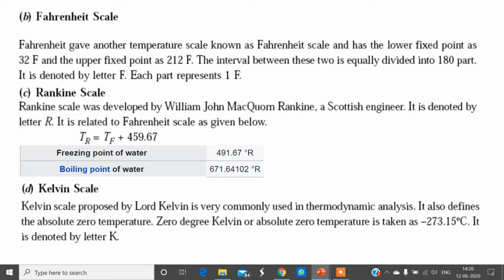If we convert 0 Kelvin into degree Celsius, it will become minus 273.15 degrees Celsius. Temperature in Kelvin is denoted by capital letter K. The freezing point of water is 273.15 and the boiling point of water is 373.15 in Kelvin scale.